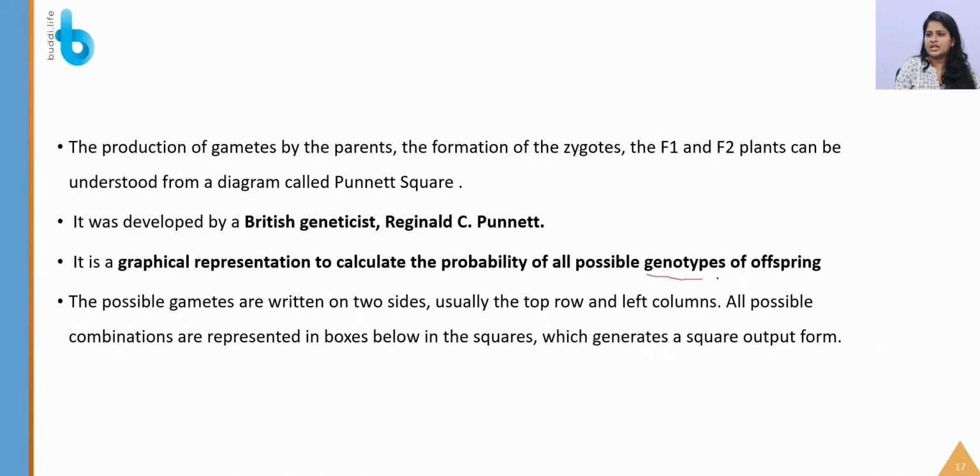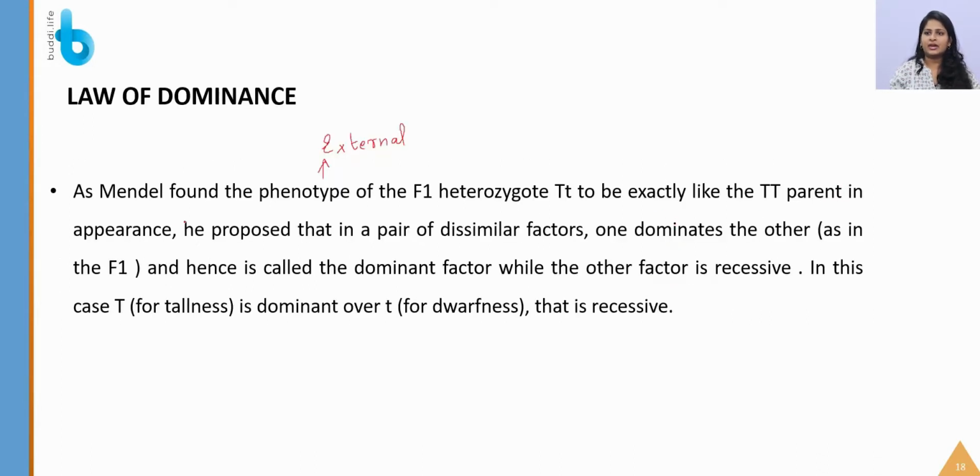This is the genetic appearance, how the genes are, and the other one is the phenotypic appearance. So as Mendel found, the phenotype of the F1 heterozygote is exactly like the capital T parent in appearance. So he proposed that in a pair of dissimilar factors, like for example, these are not similar.